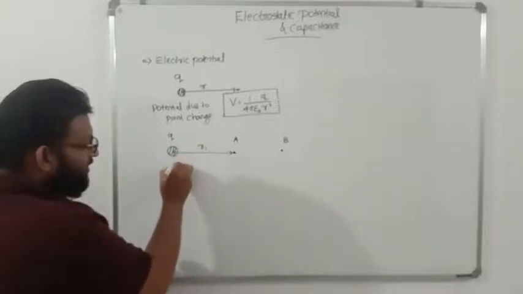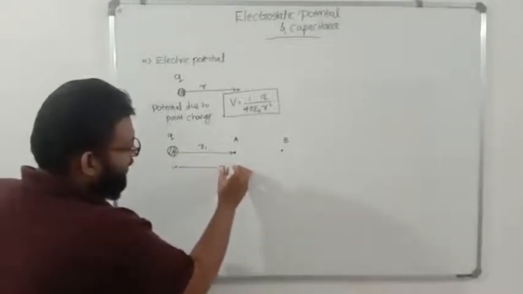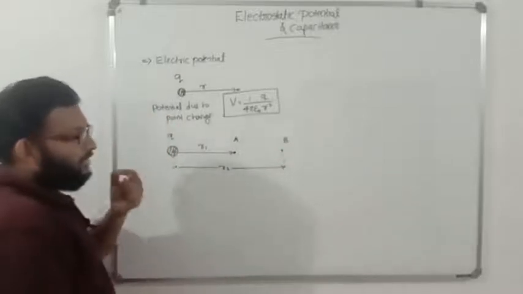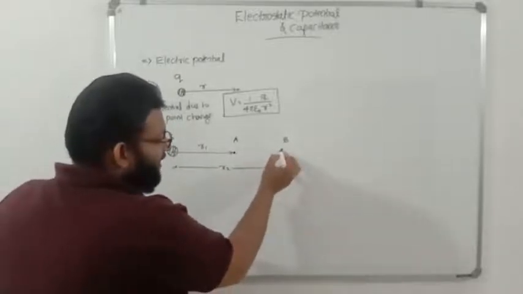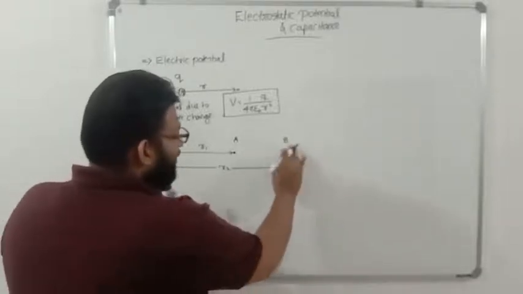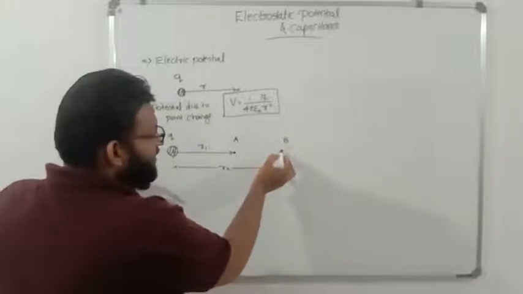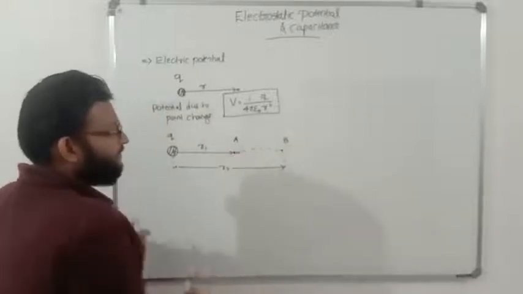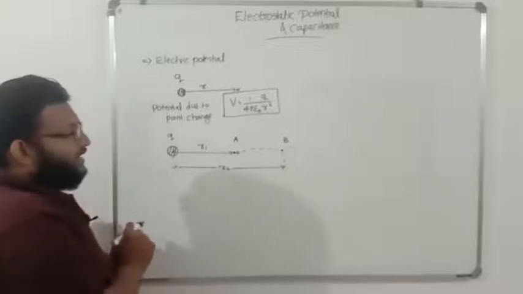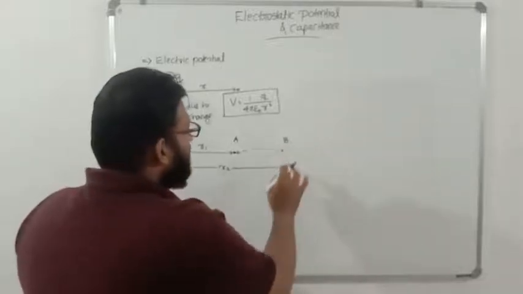From the same charge to point B, we have another distance r2. Now what we are going to do is we are simply taking a charge q from this region to this region. Then we will have to do some work.